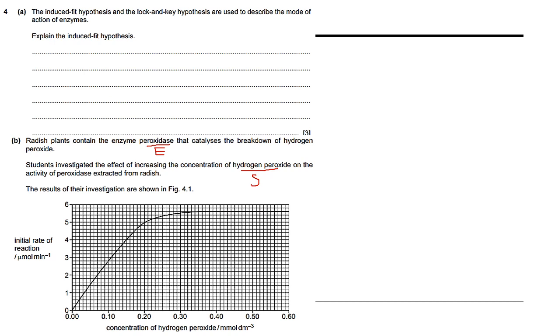So let's see here. These are the results, and if we look at this graph, obviously when the substrate concentration is 0, so is the rate of the reaction, because the enzyme has nothing to act on. But as you can see, as the substrate concentration increases, the rate of reaction also increases until it gets to a certain point where it flattens off.